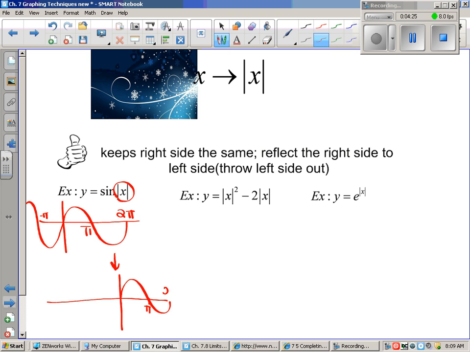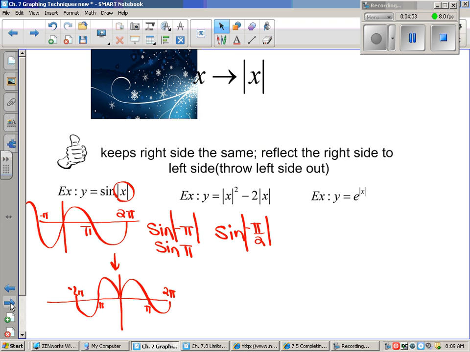When we look at -pi, we're going to do the absolute value, so it would take on the same as regular pi. Or if I look at sine of -pi/2, we would simply drop that absolute value, indicating it's taking on the same value as +pi/2, and it would look just like that. And so this would be -pi and -2 pi, and it would continue to look like that. Lovely little mustache there, right?